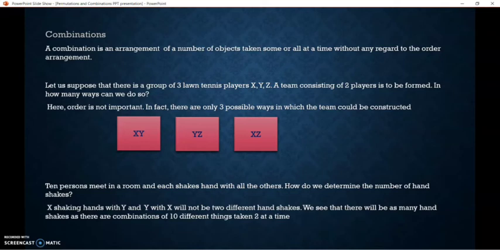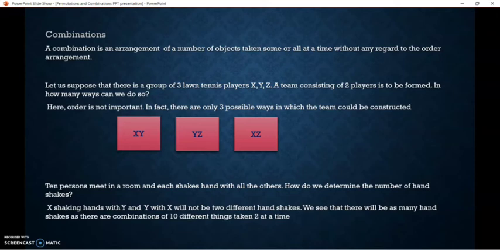Now, with respect to combination, X shaking hands with Y and Y shaking hands with X are not two different handshakes. They are the same handshake, because these two people are shaking hands together.